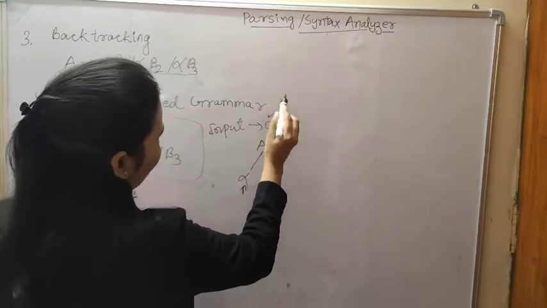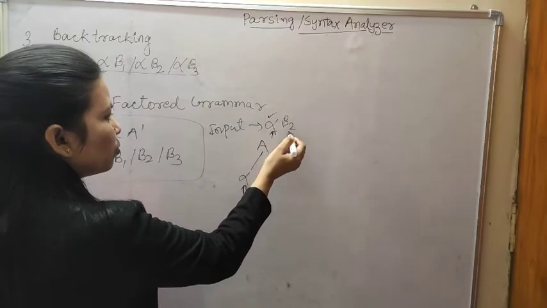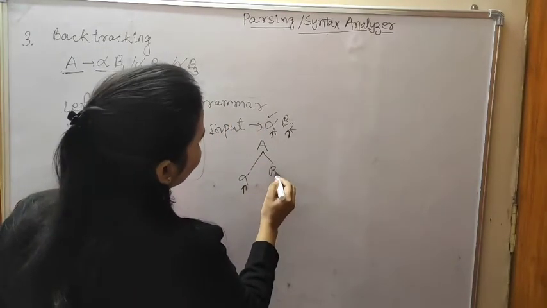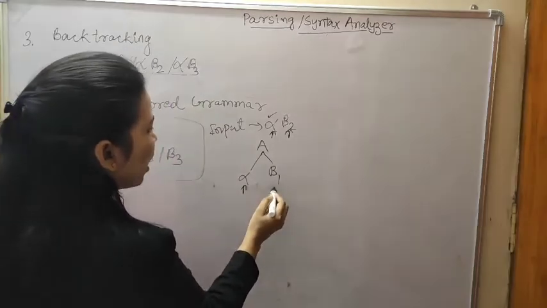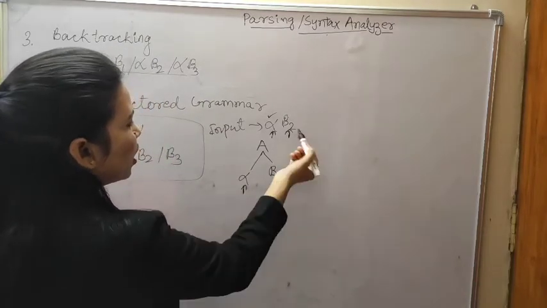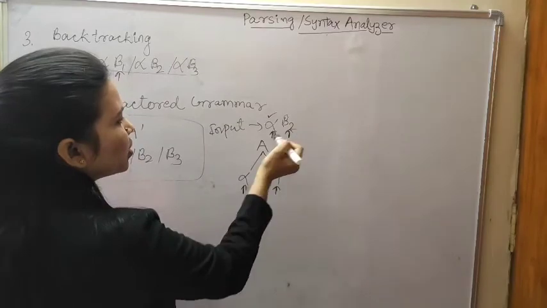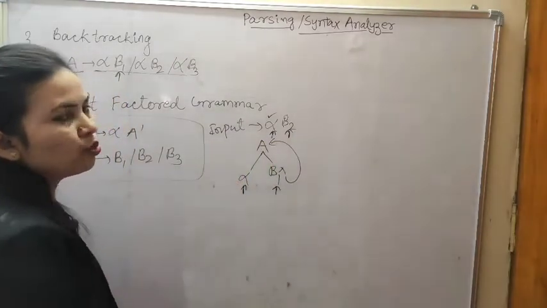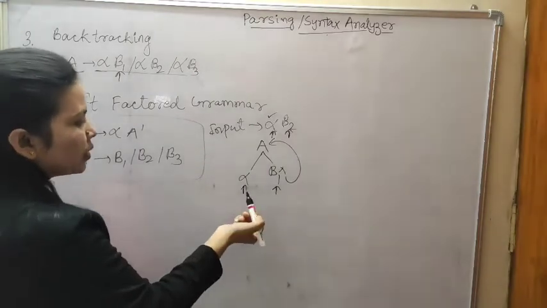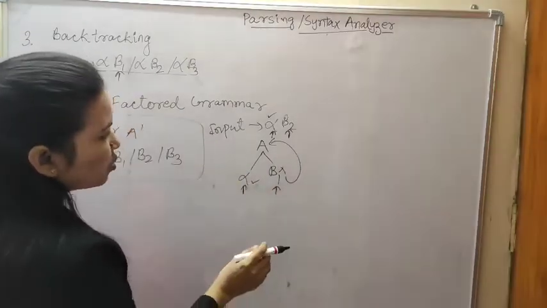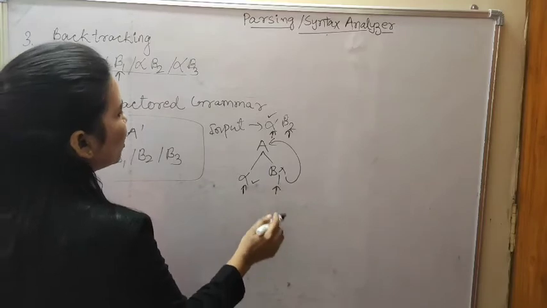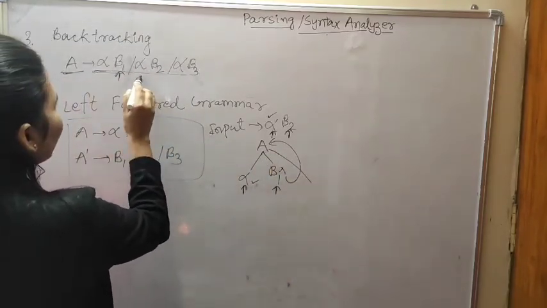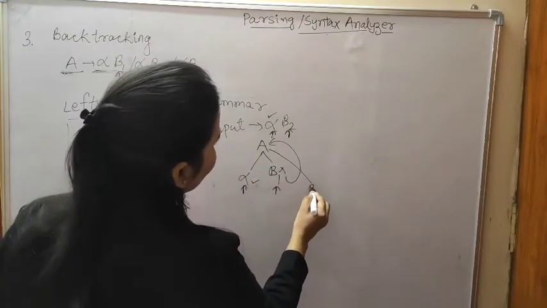Okay, it is correct. Then without looking at the next pointer, we go to beta 1. So now our pointer is at beta 1. Now you can check beta 1, and here beta 2 is given. This is not matched, so we will backtrack to A. A is correct, so we will not remove this one. This one we will remove, and then we go again. It is beta 1, next letter beta 2.